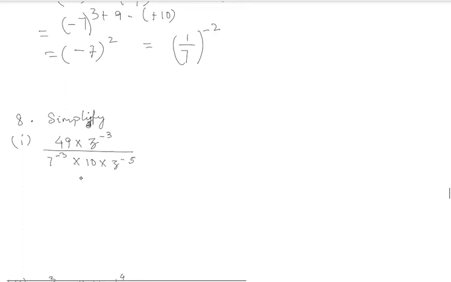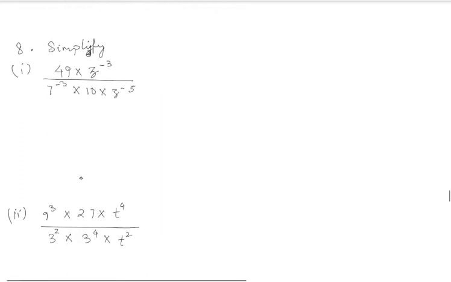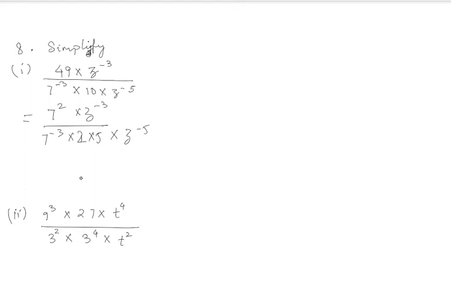Okay, next question is just to simplify. So we'll write each of the numbers in the exponent form. So 49 is 7 square into z to the power minus 3 by 7 to the power minus 3 into 2 into 5, which is 10, and then into 7 z to the power minus 5.